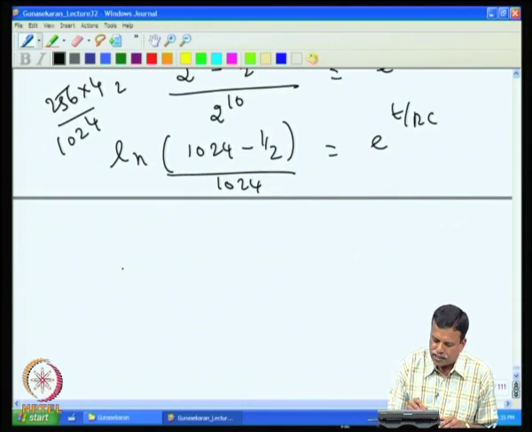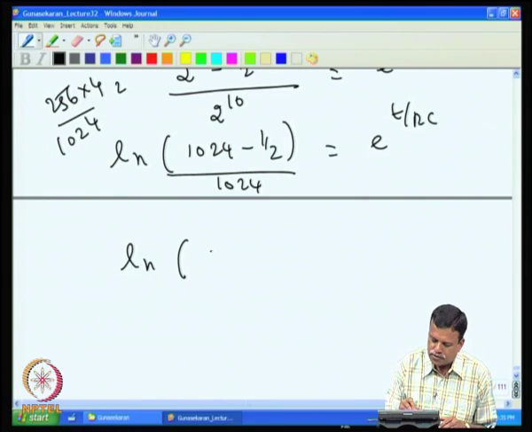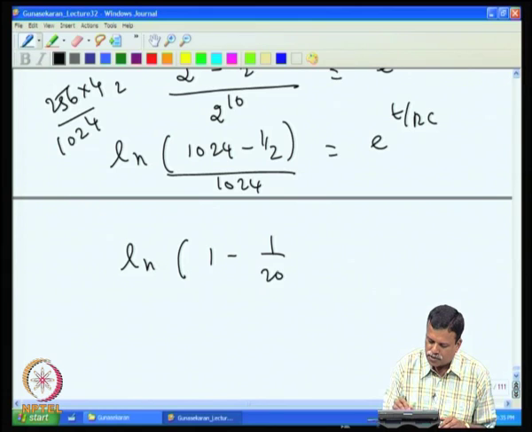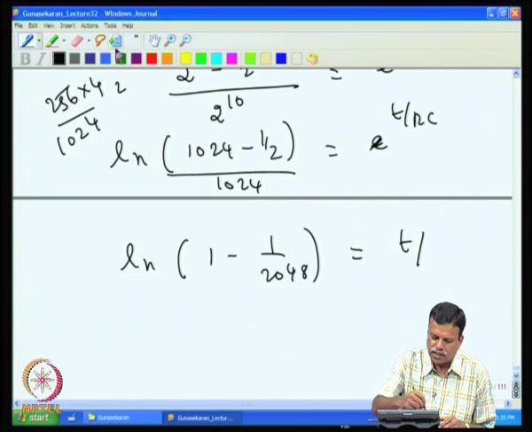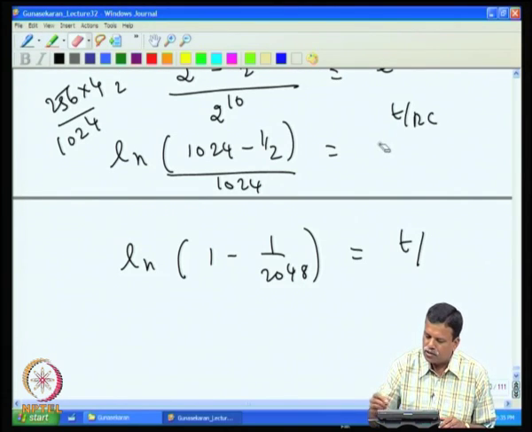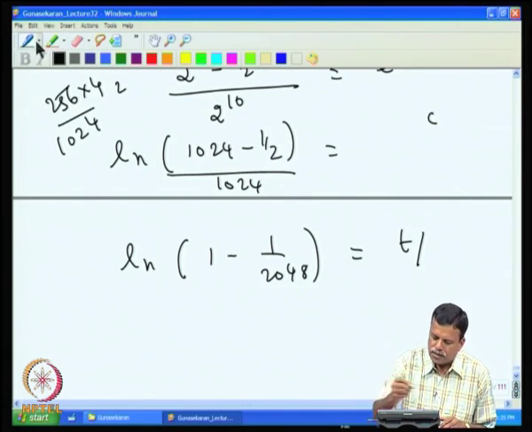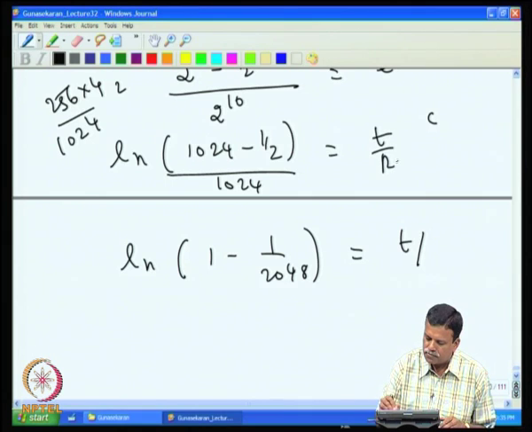Now, if I take ln, that comes 1 minus 1 by 2048, that comes as t by RC.